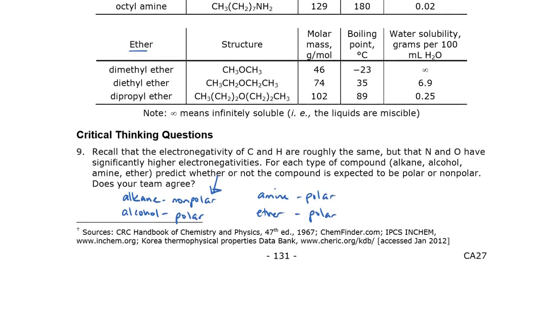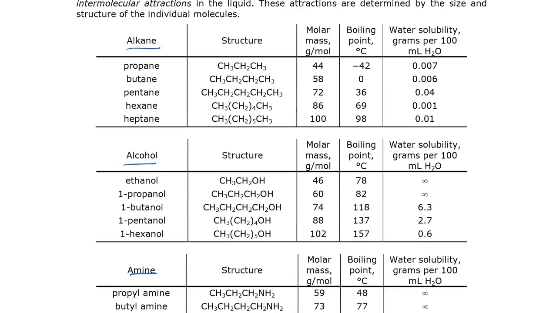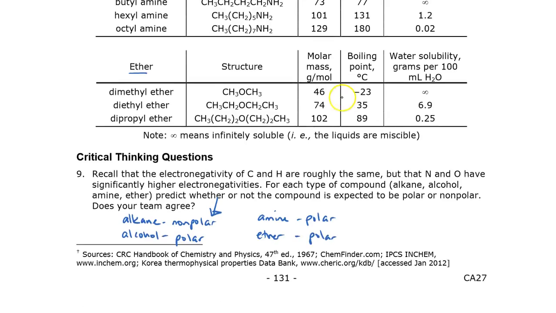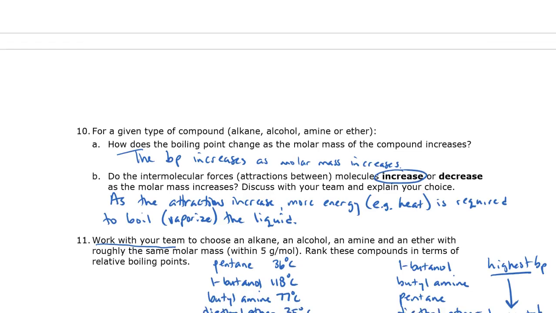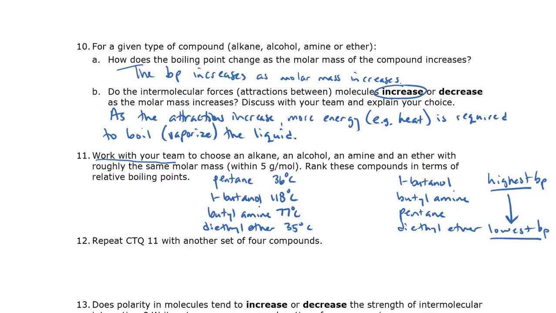That was the easiest one for me to find. Pentane, molar mass of 72, 1-butanol 74, butylamine 73, and diethyl ether 74. So very similar in their molar mass or size, but their boiling points are quite different, and I wrote them down here, and then I wrote them from highest to lowest. So 1-butanol, butylamine, pentane, and diethyl ether from highest to lowest.